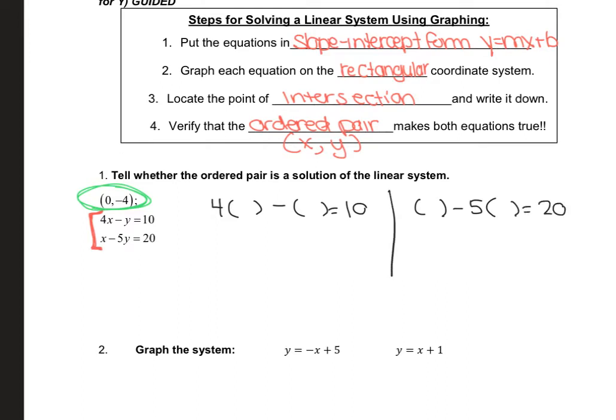I'm going to draw a line between the two because one's my first equation and the other's my second equation. That's my x in the first one. That's my x in the second one. That's my y in the first one. That's my y in the second one. Here's my x. Here's my y.